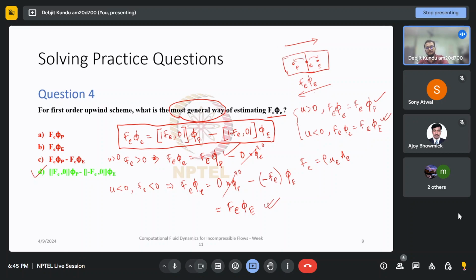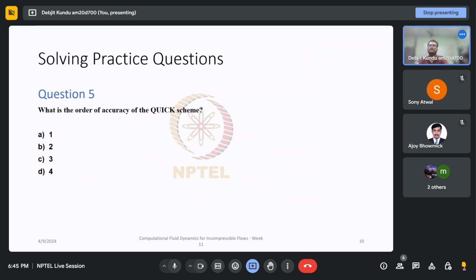Okay, so we'll move on to question number 5 now, which is asking us what is the order of accuracy of the quick scheme. The quick scheme is the abbreviation of quadratic upwind interpolation for convective kinetics.